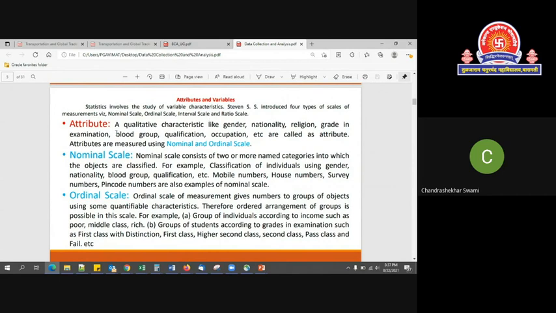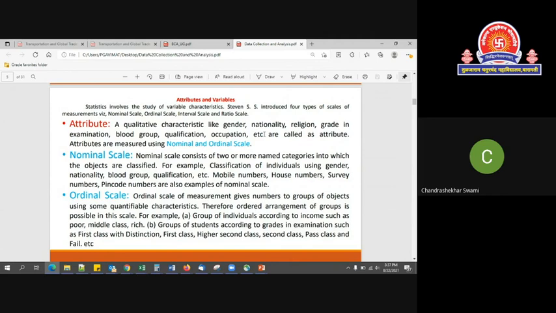A qualitative characteristic like gender, nationality, religion, grade in examination, blood group, qualification, occupation, these are some characteristics which are qualitative type variables, and they are also called attributes.